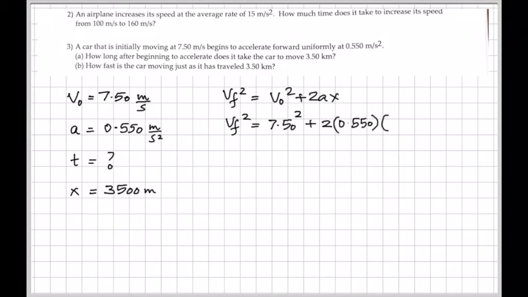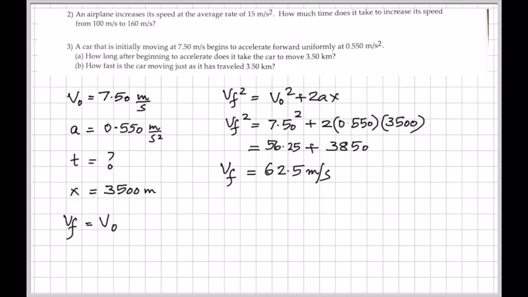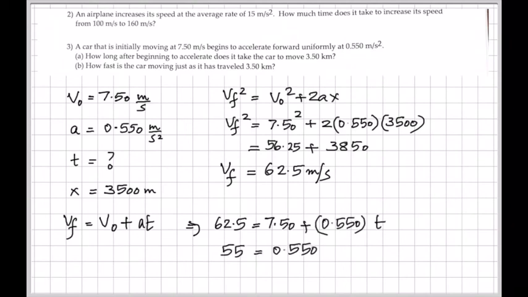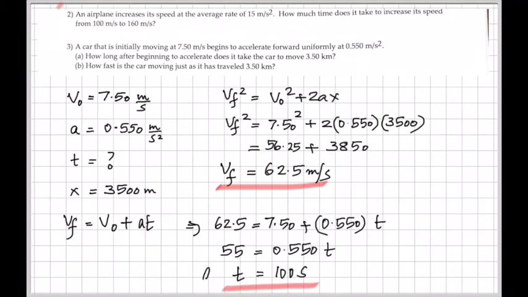First, I'm using this to find the final velocity. Get it as 62.5. And then I go and do the A part using that equation. Those are the answers. That's the A part. That's the B part.